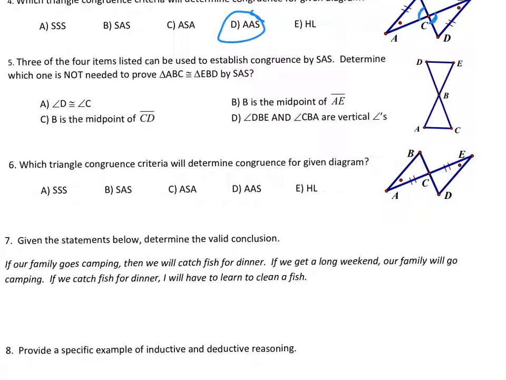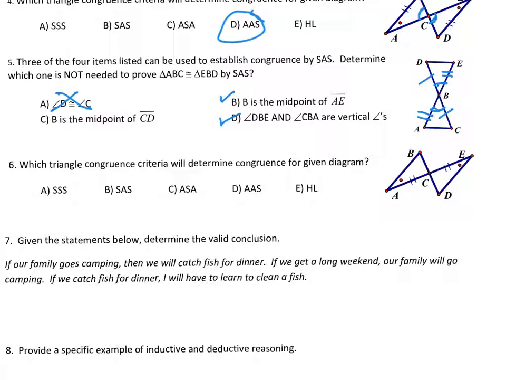So marking up this diagram, we have the vertical angles, that's here, and we have B as the midpoint of AE, so we would mark these sides equal. B is the midpoint of CD, so we would mark these equal. So D congruent to C is not necessary.